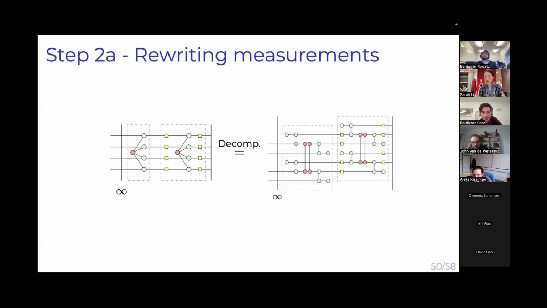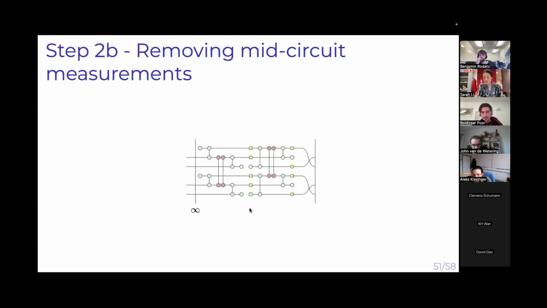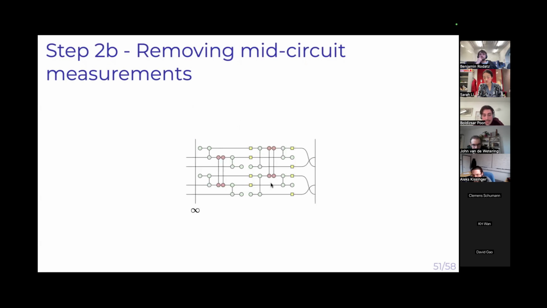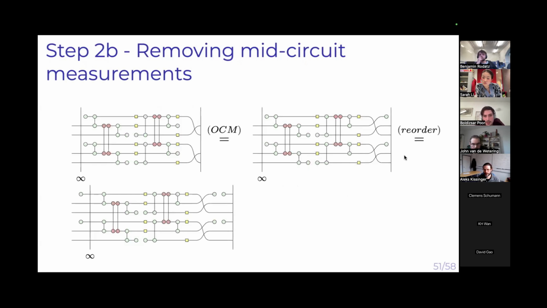So, rewriting measurements. We use the decomposition that we have seen before. We rearrange things using the only-connectivity-matters rule of ZX. This is the same diagram we have seen before, just written a bit nicer. Then you drag these spiders out to here, and reorder things.